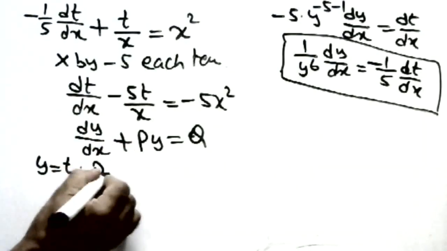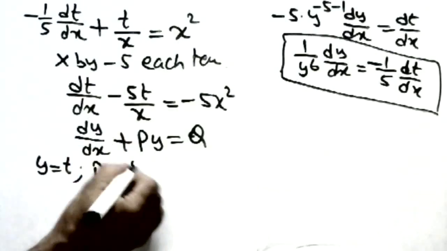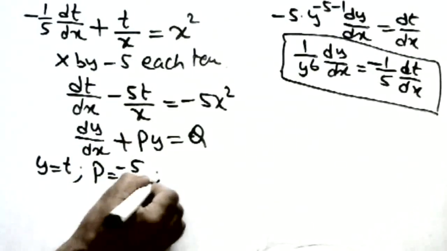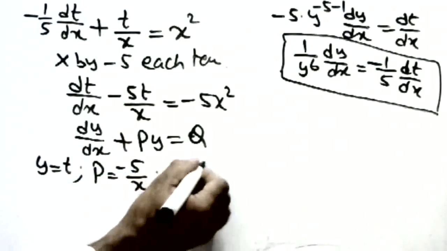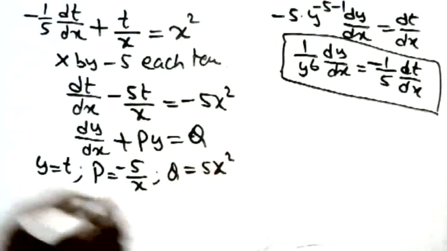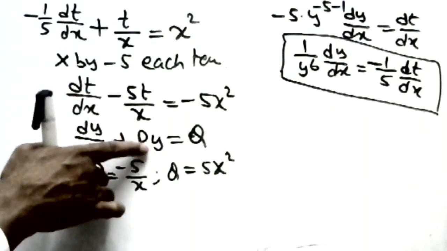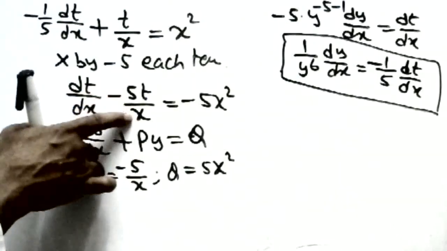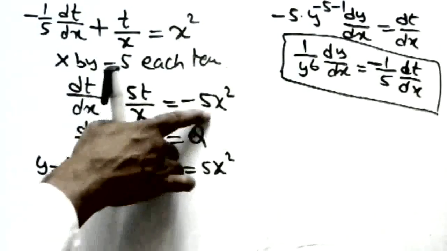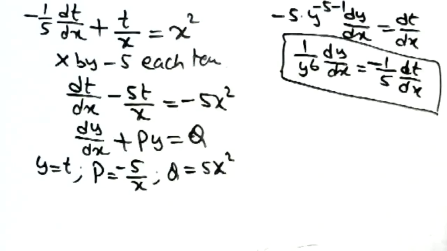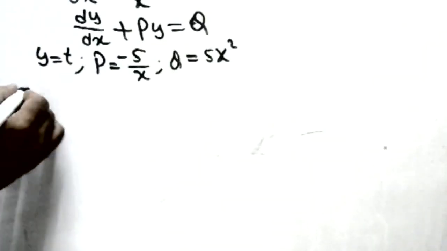In place of y we are having t. In place of p we are having minus 5 by x. In place of q we are having minus 5x square. Now it is reduced to a linear differential equation.